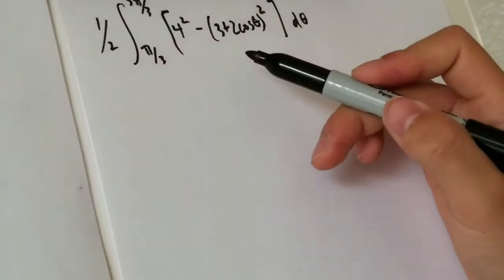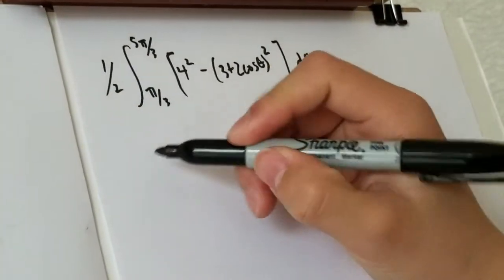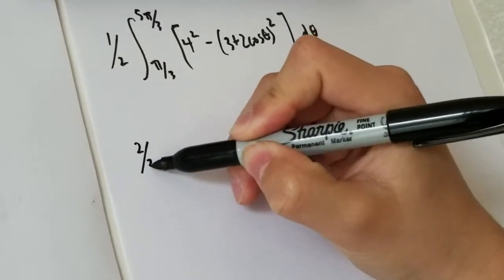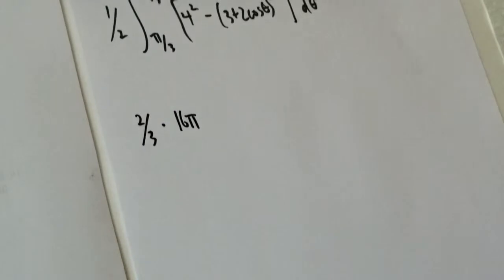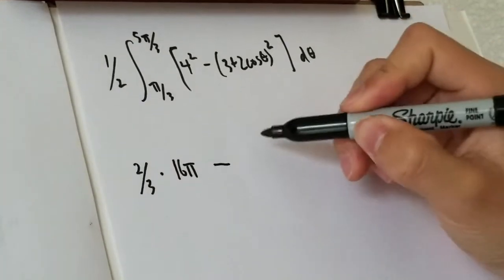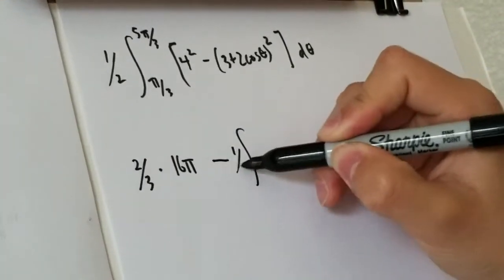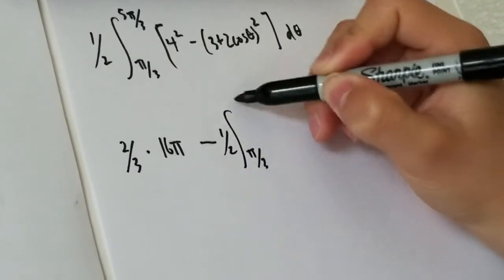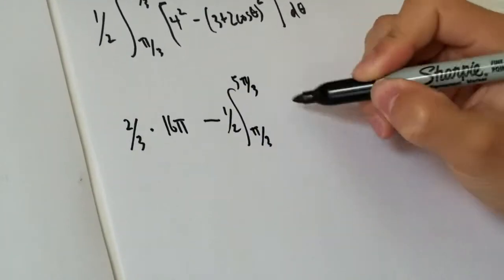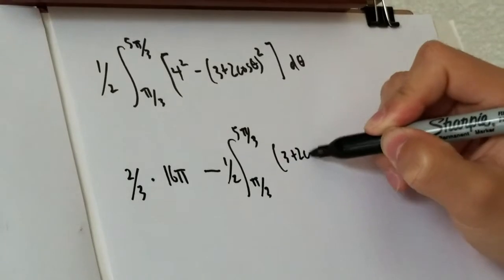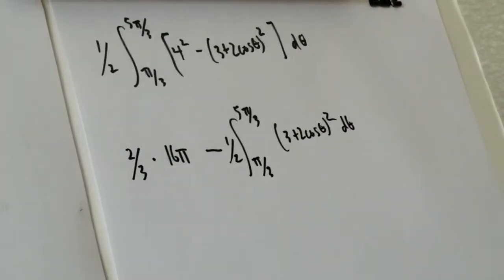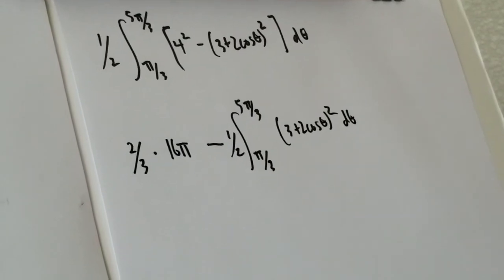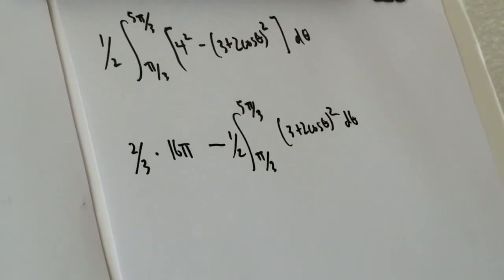Thus, a different way to express the area of R would be the following: 2/3 of the circle with area 16 pi, because 4 squared times pi, minus 1/2 the integral from pi thirds to 5 pi thirds of that one section of the limaçon. And thus we have that expression. Those two expressions are both ways you can represent the area of R.